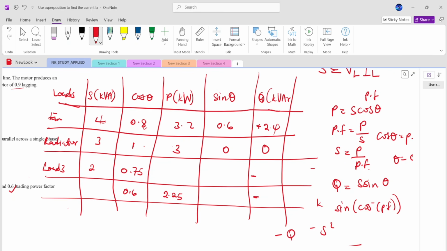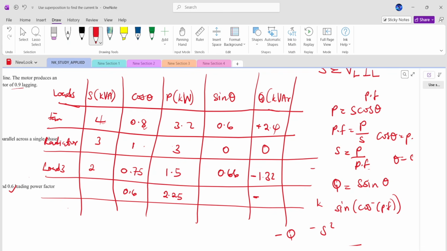Then this load is going to be 2 times 0.75, which is 1.5 for P. Sine theta for that one is going to be 0.66. And if I want to find my Q, we've already seen that it's a leading power factor, so we are going to have a negative 1.32.